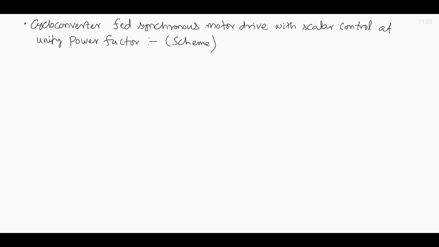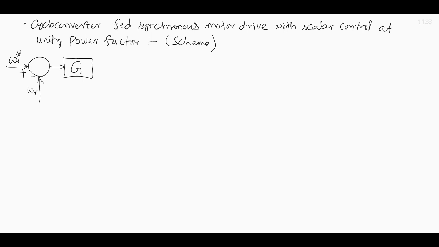So, now we will draw the scheme of cycloconverter fed synchronous motor drive with scalar control at unity power factor. The scheme is like this. First, for speed control, we have a desired speed omega r star and the actual motor speed compared and processed through a speed controller.